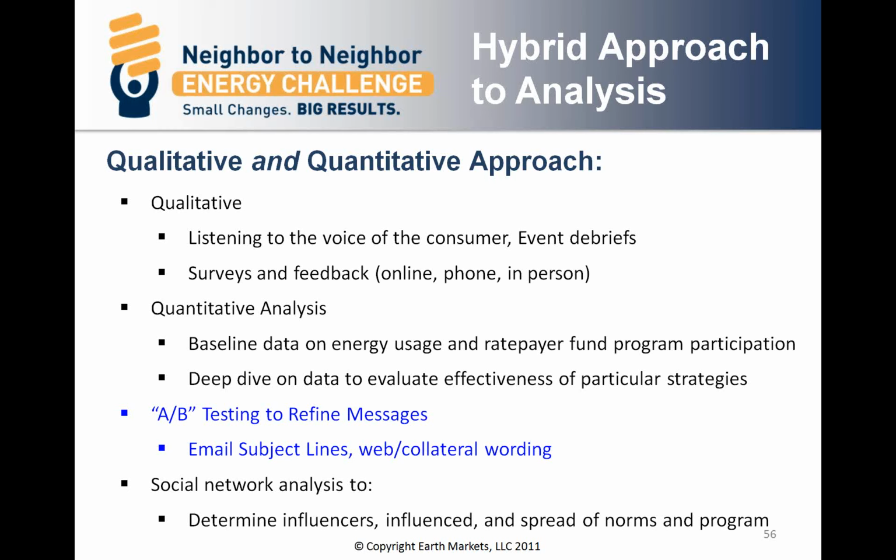Where I'm really going to focus the attention today, though, is what we call A/B testing, or randomized control group testing. And where we're using it primarily is on the front end in messaging, whether it's email subject lines for activation, online, and in our collateral and wording to try to get people to act at a certain point in the process. Next slide.